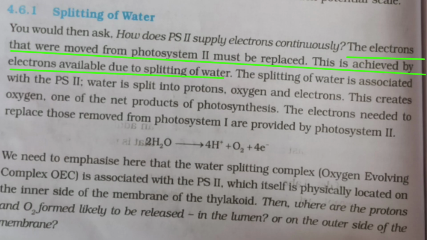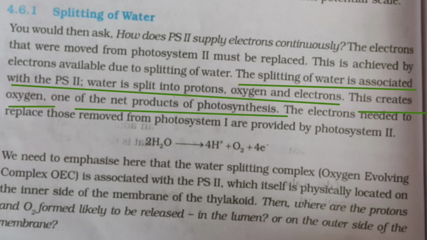The electrons that were moved from photosystem 2 must be replaced. This is achieved by electrons available due to splitting of water. The splitting of water is associated with the PS2. Water is split into protons, oxygen and electrons.